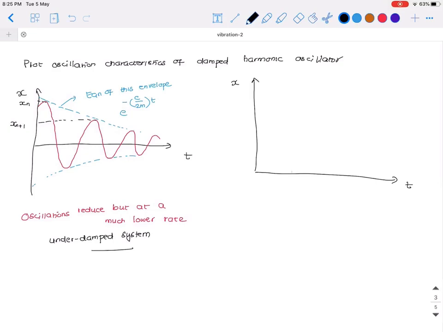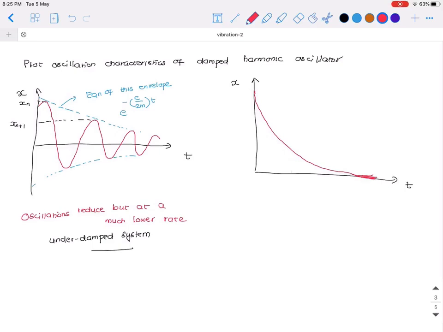Okay, so the critically damped system goes like this. There are no oscillations. Once you give some displacement to the mass in a spring mass system, without performing any oscillations, it directly comes back to its equilibrium position.